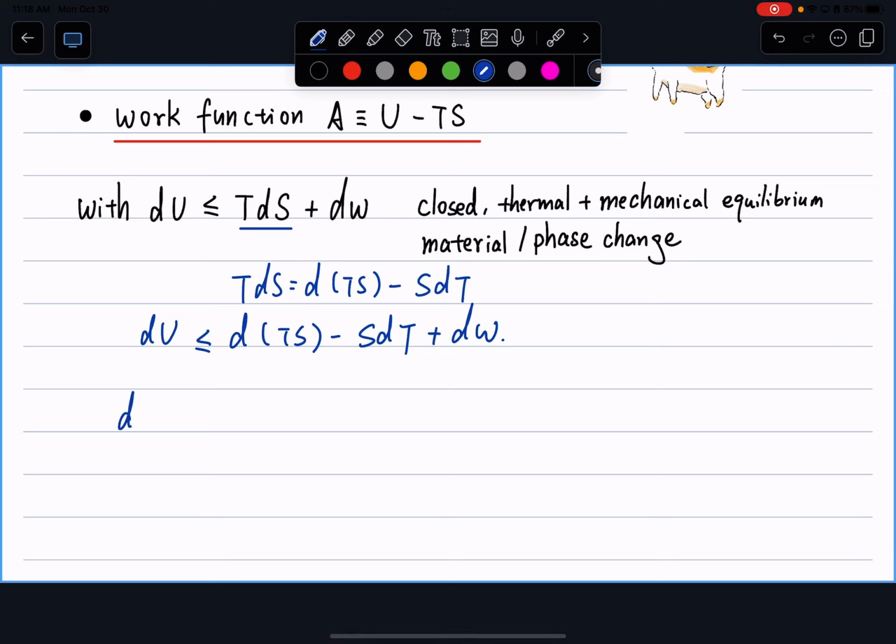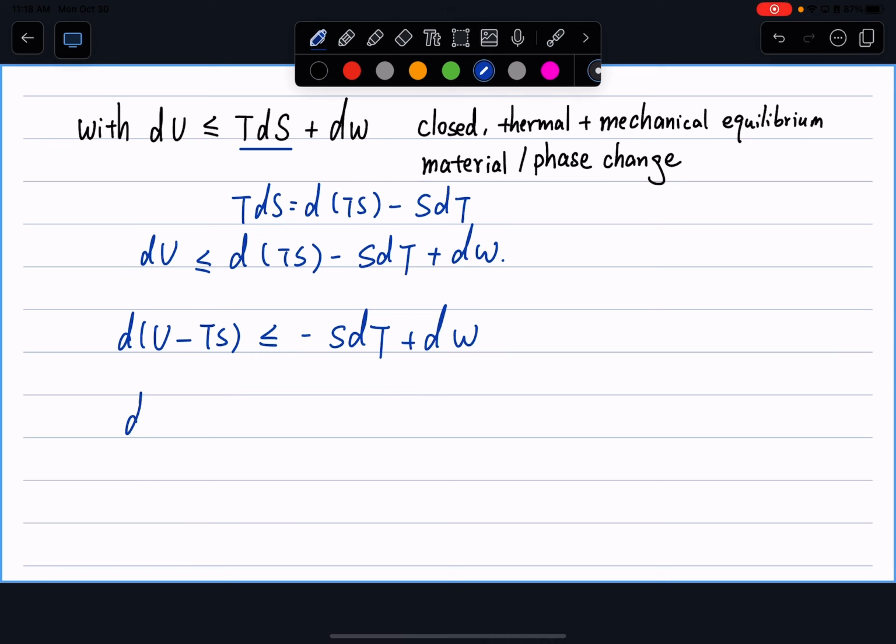Or the other way to put it is d(U minus TS) smaller than or equal to negative SdT plus dW, or your dA smaller than or equal to negative SdT plus dW. All right, so everything you should be pretty familiar with, like how we're doing it.